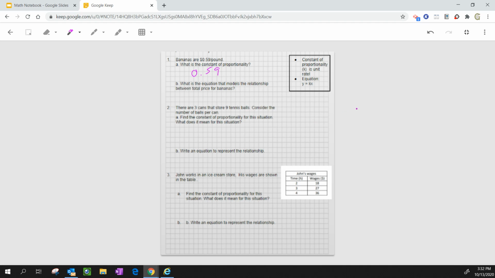So y is going to be my total, and x then is going to be my number of pounds. Those are the two things we don't know. We don't know how much total we're going to spend, and we don't know how many pounds we're going to buy.